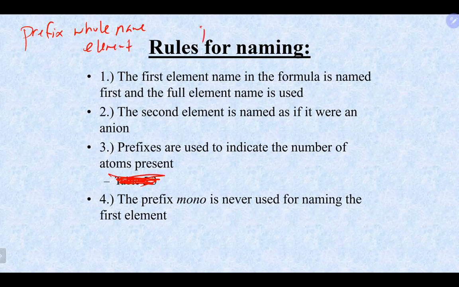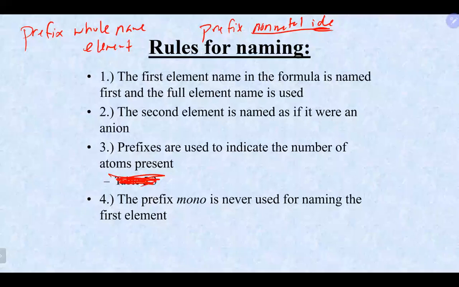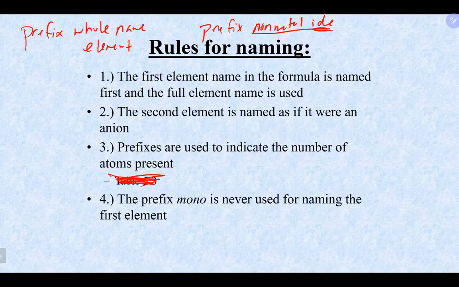And then we prefix the second element, and that gets our normal nonmetal with the IDE ending. So first guy, whole name with the prefix, as long as it's not mono. Second guy gets the appropriate prefix and the IDE treatment at the end. You don't have to balance anything or figure out charges. You frankly just need to count and pick the right number prefix to use there.